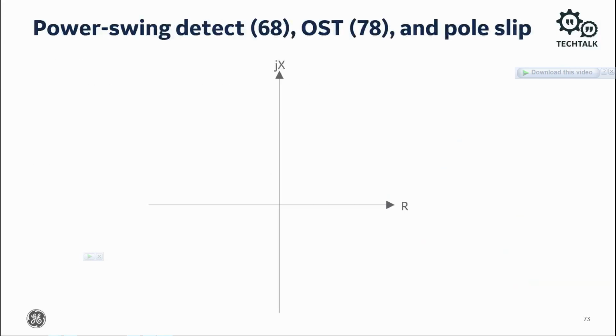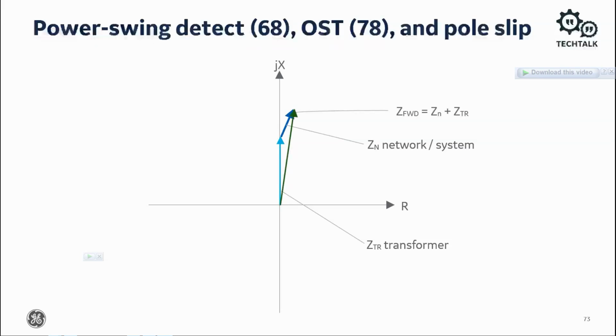The relay uses a detection construct to monitor a power swing. The total impedance, Z forward, is the sum of the step-up transformer reactance, ZTR, and the system impedance under maximum generation, Zn. Angle theta is the system impedance angle, the reach characteristic angle, or maximum torque angle.